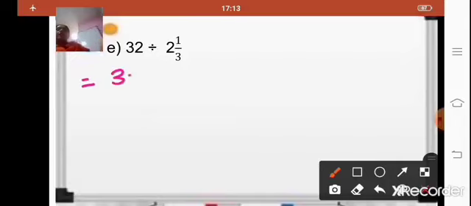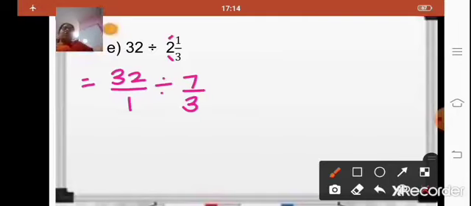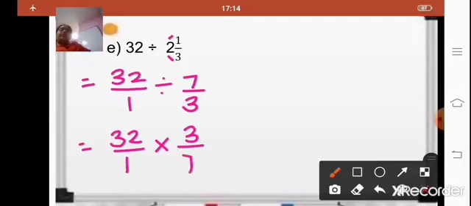So this will be 32 upon 1 divided by, when I change this mixed fraction into improper, 3 2s are 6 plus 1, that is 7 upon 3. Now the first point, I'll change this division sign into multiplication sign, and the reciprocal of 7 upon 3 will be 3 upon 7.